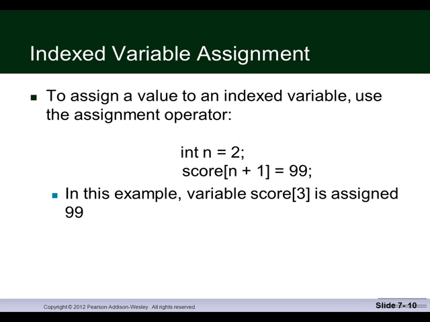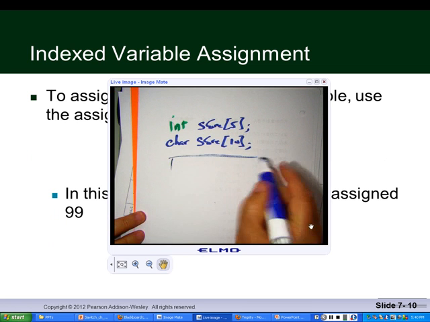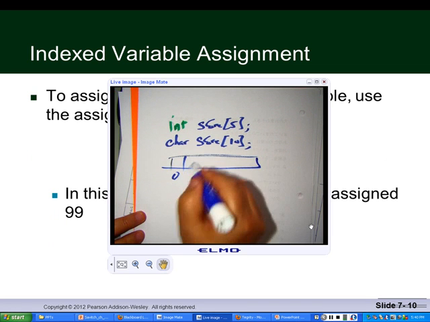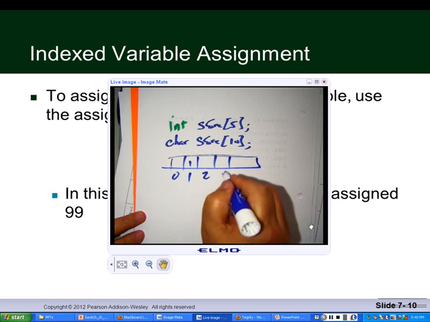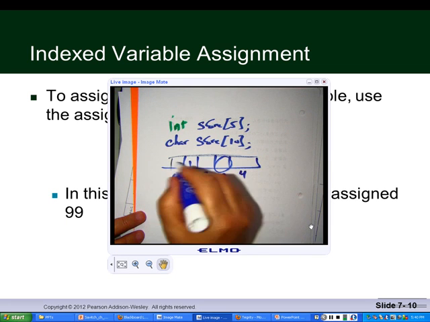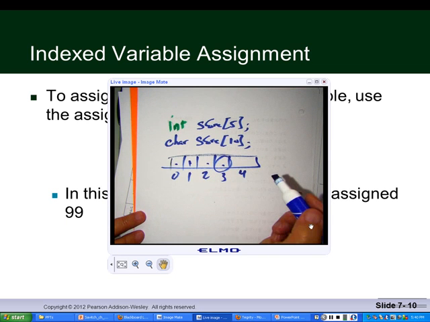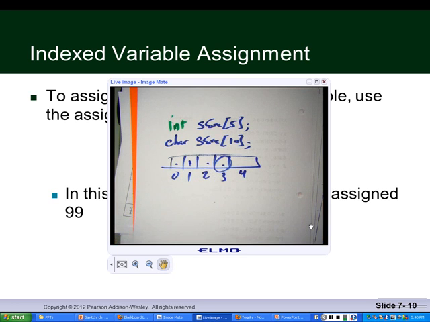So if I start with 0, 1, 2, 3, and 4, number 3 is going to be the 1, 2, 3, fourth element. It's always going to start with 0, and that's something that we have to practice for this chapter.